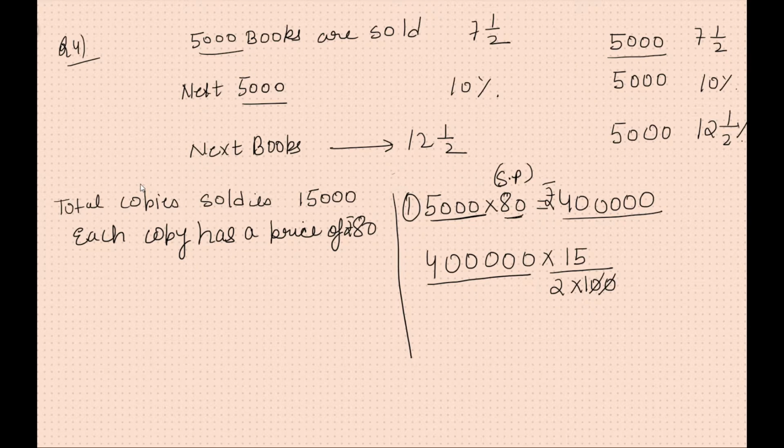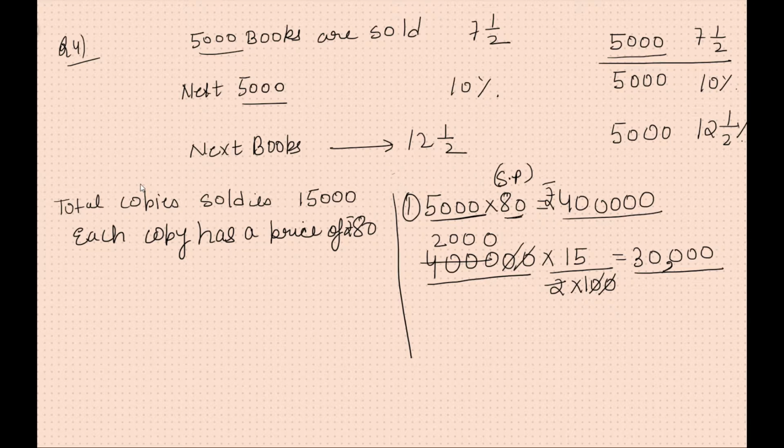So the zeros cancel, 2 2s are 4, and 15 2s are 30. So 7.5% of the first 5,000 is 30,000 rupees. So 30,000 rupees for the first slot of 5,000 copies.